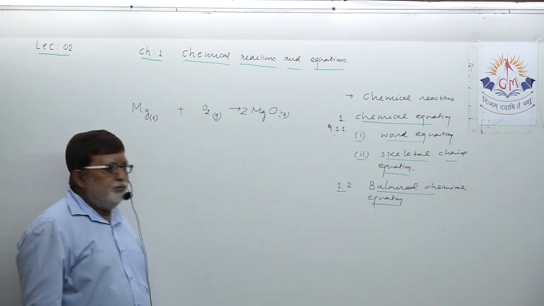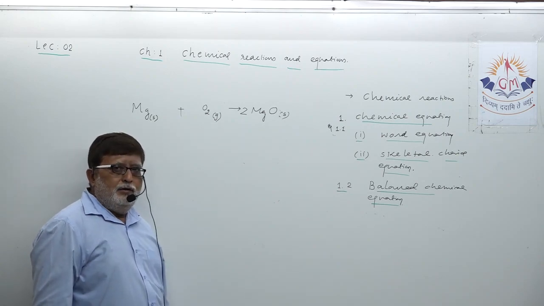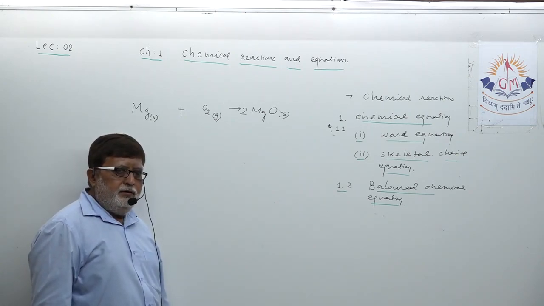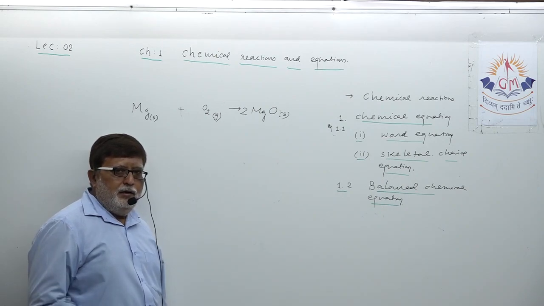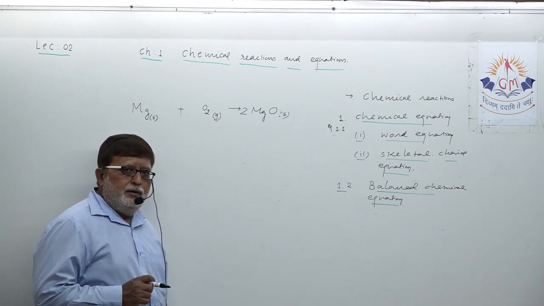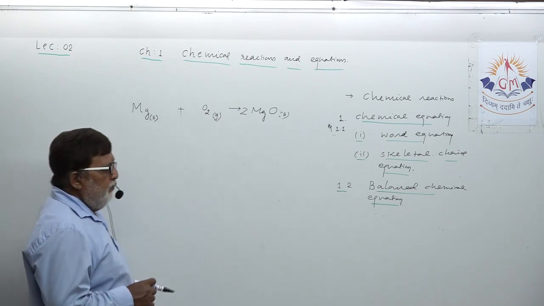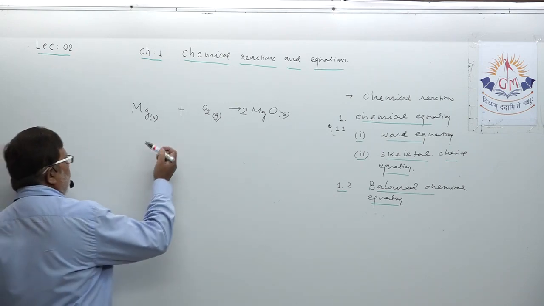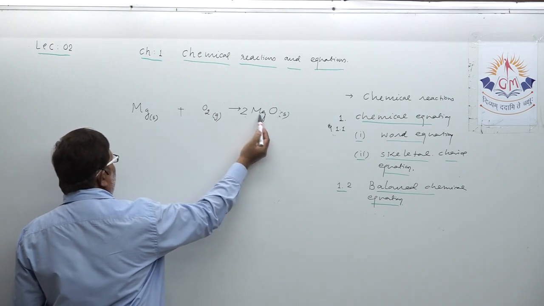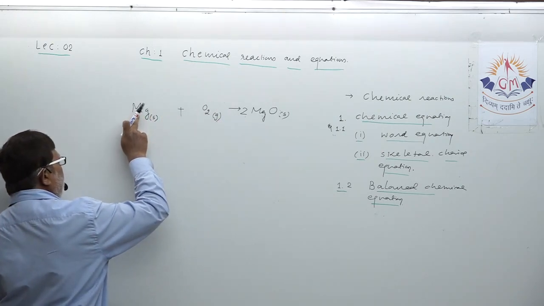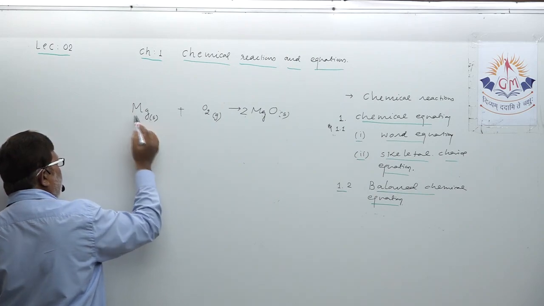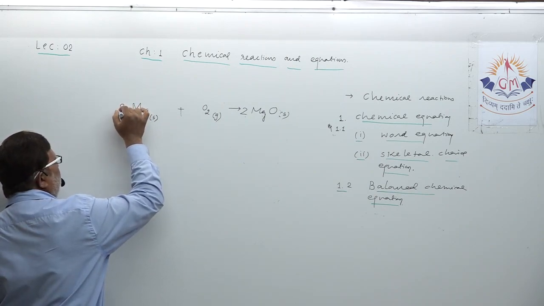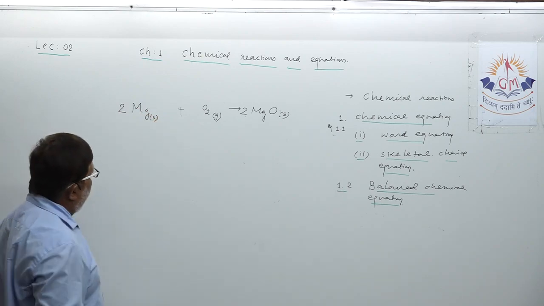But while I was trying to balance oxygen atoms on both sides, I have already unbalanced magnesium. Here 2 magnesium atoms, here only 1 magnesium atom. Alteration in formula is not possible, so I can put 2 here.